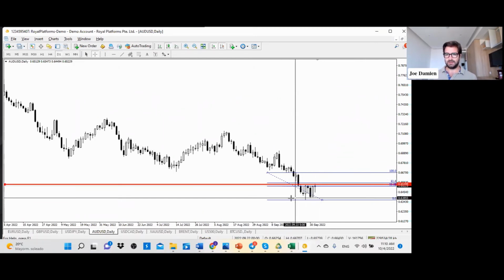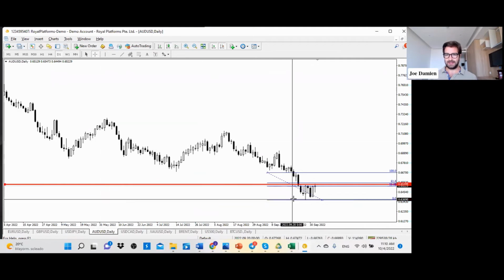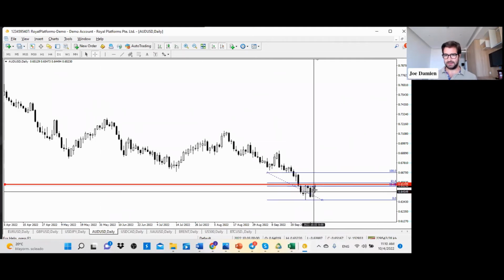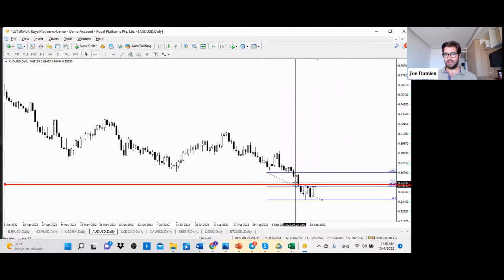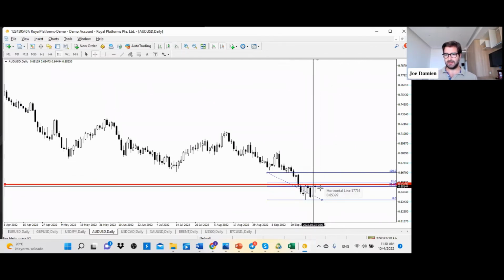If we look at the daily time frame, we can see that the market could not close above this resistance that we have already talked about, 65.40, and we have a 61.8 Fibonacci retracement. We have a retracement to this 61.8 level between 50 and 61.8.